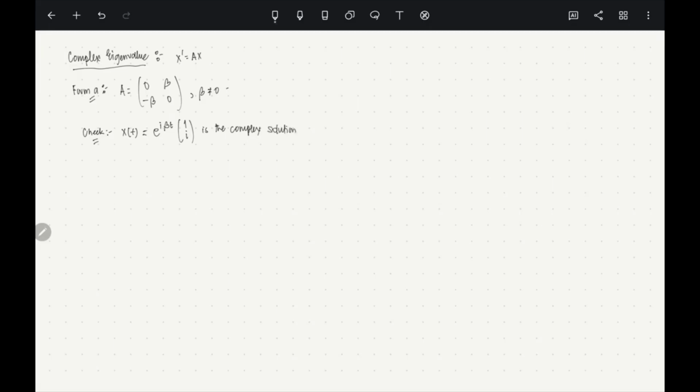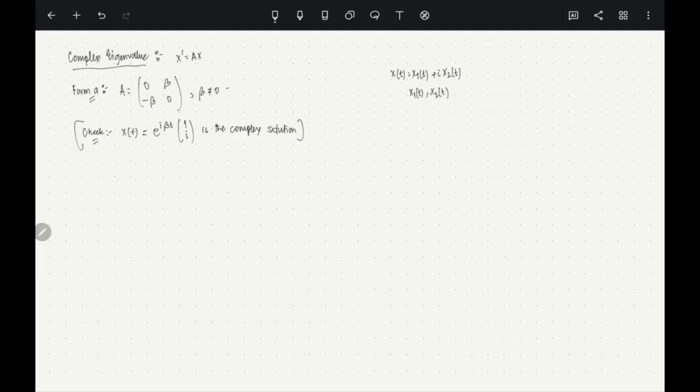Now if you remember, we told you that here we are working with real systems, so we are not going to look at complex solutions. This is a linear system, so if a solution x of t looks like x1 of t plus i times x2 of t, you can show that both x1 of t and x2 of t are solutions, and they are real valued.